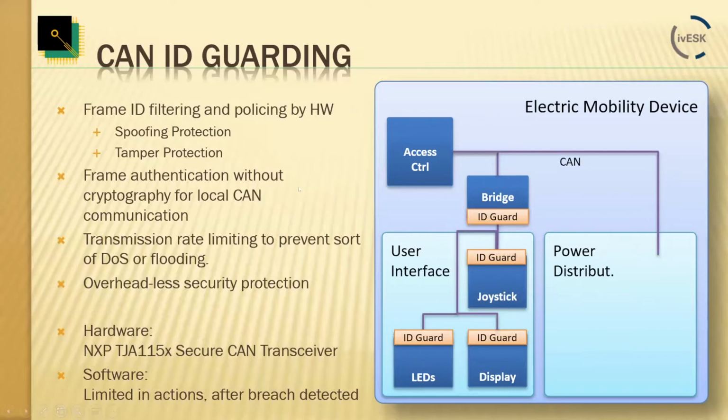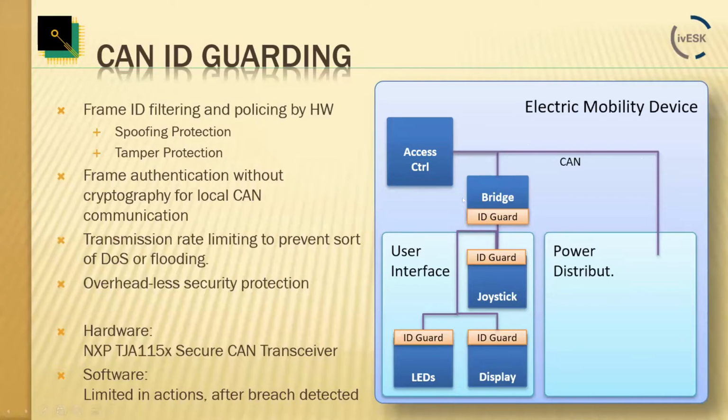So the idea behind CAN ID guarding is that in a CAN network, on a system layer, we will know all the CAN IDs used by these devices. And in almost all systems, again, there are a lot of exceptions here and there, these will be fixed. There are implementations where CAN IDs can be dynamic and change during runtime. But for now, let's assume they are all fixed because that's really the majority of the installations out there.